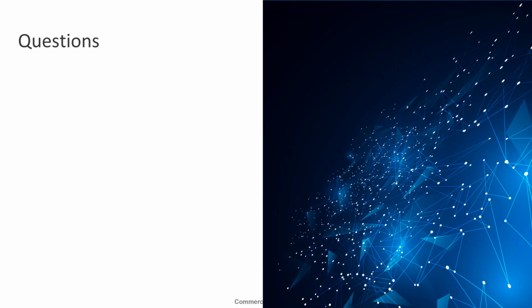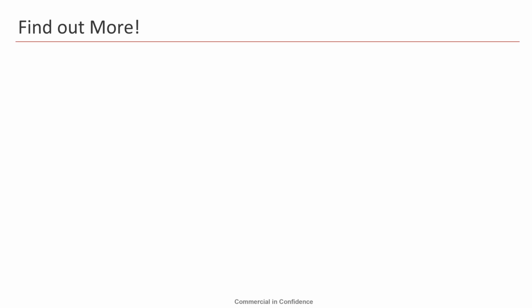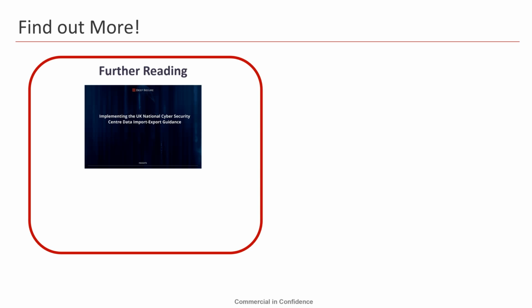Good, great stuff. Okay, so before we go, there's a couple of bits of additional information. You can get more information on safely exchanging information between untrusted and trusted domains if you look at the attachments to your webinar invite. Attached is our briefing paper on the UK NCSC guidance and how we enable organisations to implement that guidance in a practical way.